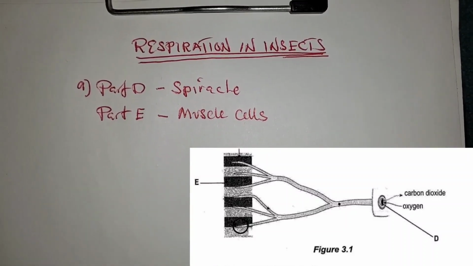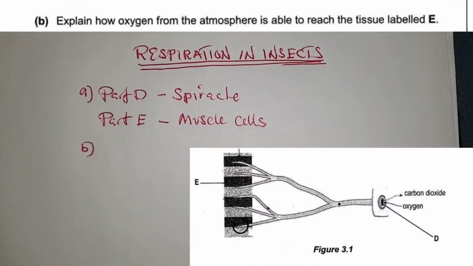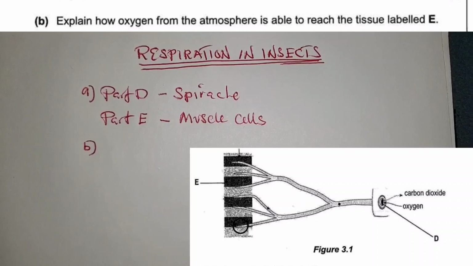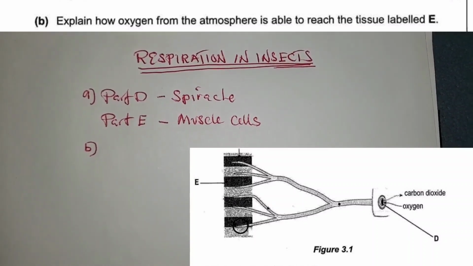Question B: Explain how oxygen from the atmosphere is able to reach the tissue labeled E, which are muscle cells.